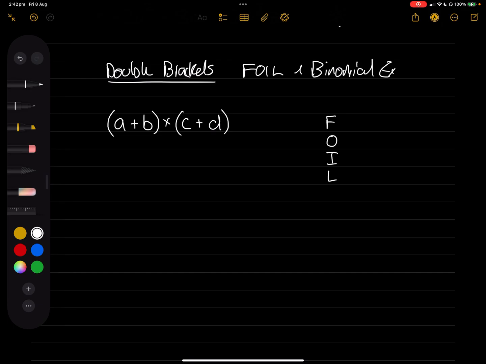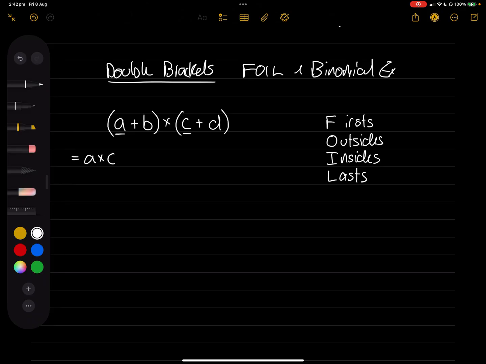Now, FOIL is a nice little way of remembering it. It means firsts, outsides, insides, and lasts. So to do this expansion, we multiply the first term in each bracket. So we do A times C, that's our first term.